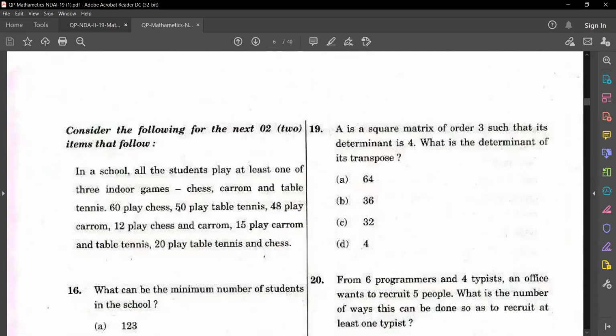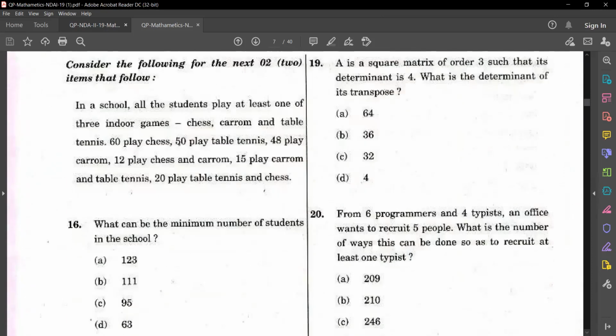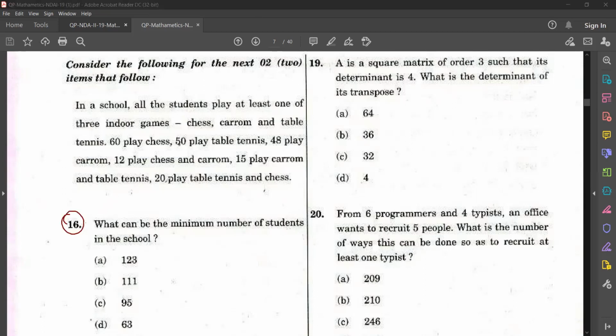So now come to question number 16. Consider the following for the next two items that follow.